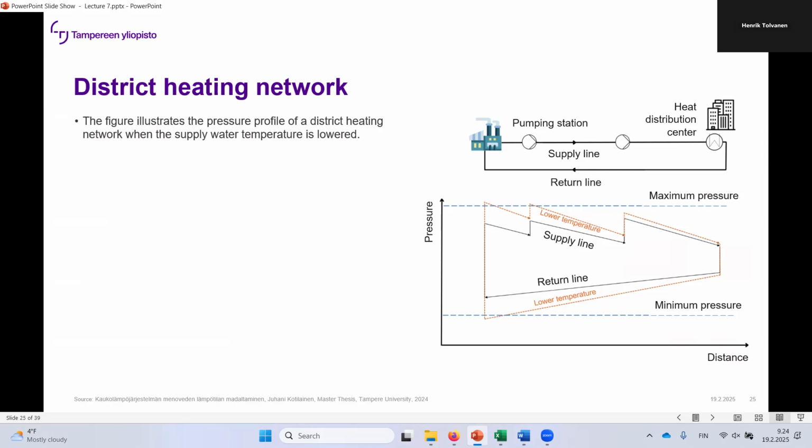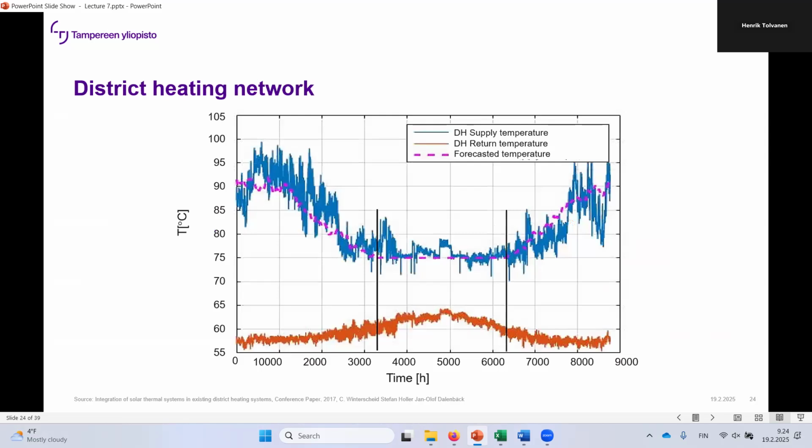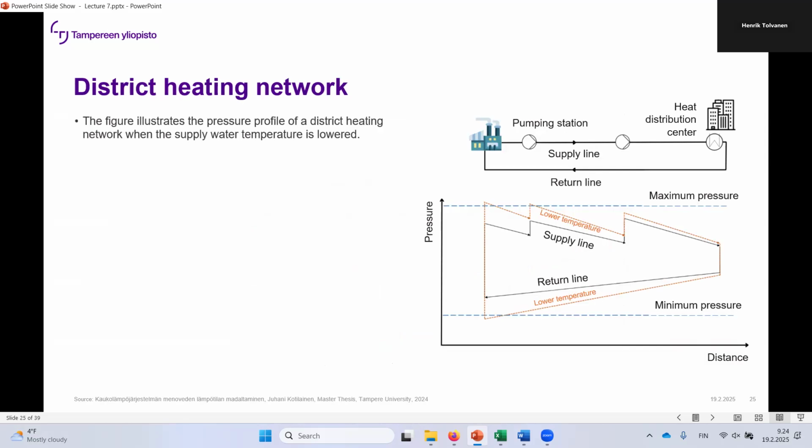But a lower temperature would mean a higher pressure in here, because you have higher flow. Since you would have less delta T, so less delta H, if you still want to extract the same power, you have to have more mass flow. More mass flow means more friction, and if you have more friction, you have to overcome it with the pumps. So lower temperature would mean that you would overshoot the maximum pressure.